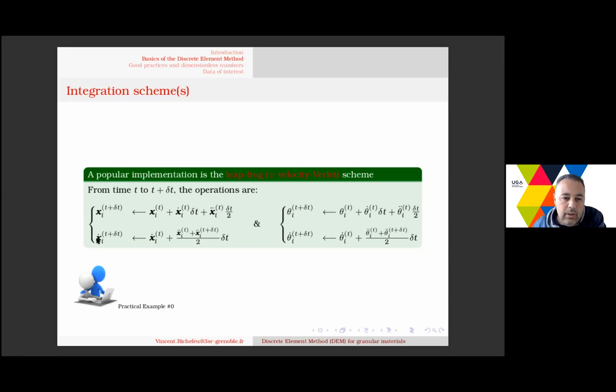And when we evaluate the velocity of the particle, we start with the current velocity. We add the current acceleration times dt. But in between the two evaluations of the accelerations, it means that in between these two, we will evaluate the forces between the particles.